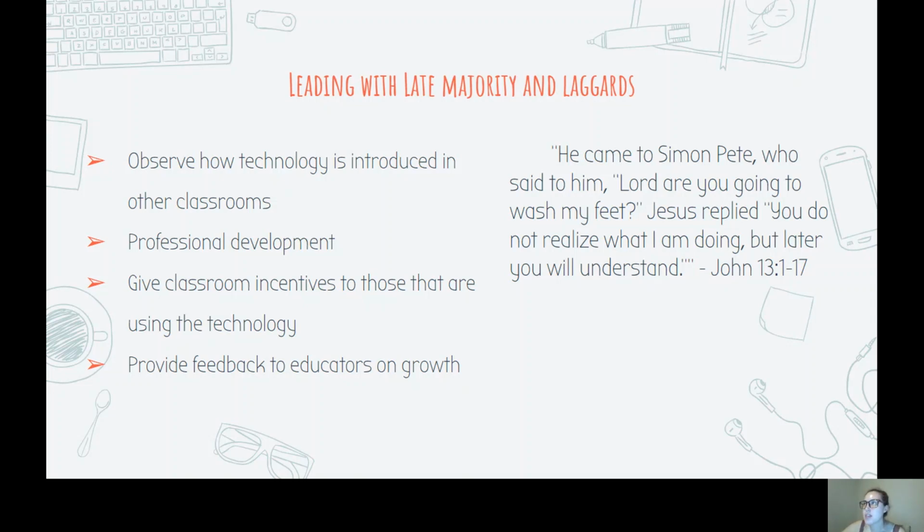I found this very impactful because it shows that Jesus is washing the feet of his disciples. He's spending time with the poor, with the people he needs to convince of his love. This group, the late majority and the laggards, is not very accepting, so having Jesus keep working with them and showing them that it's okay would be really impactful.